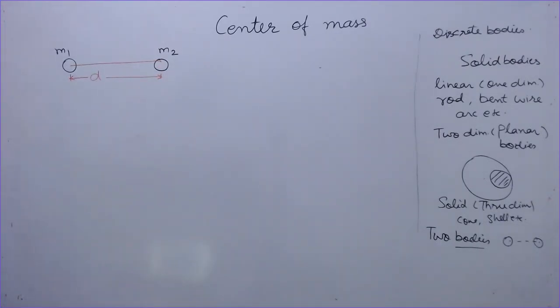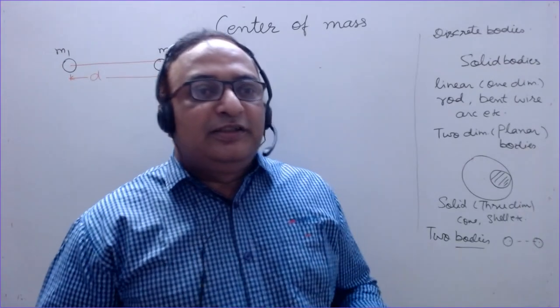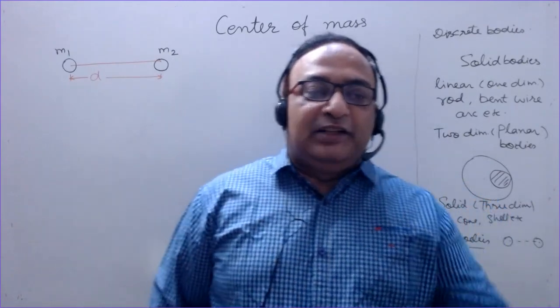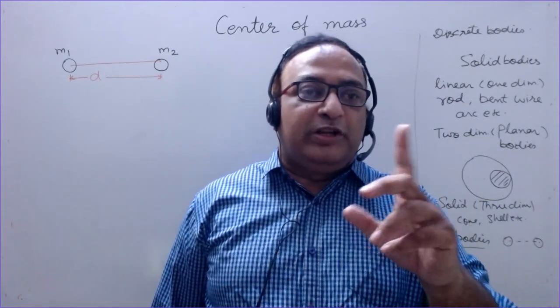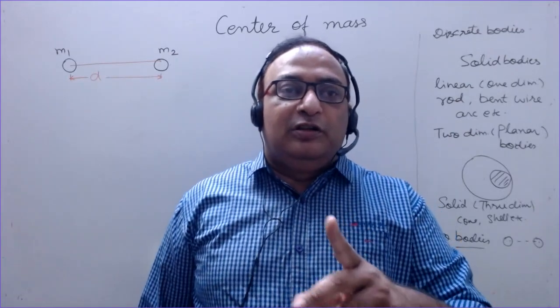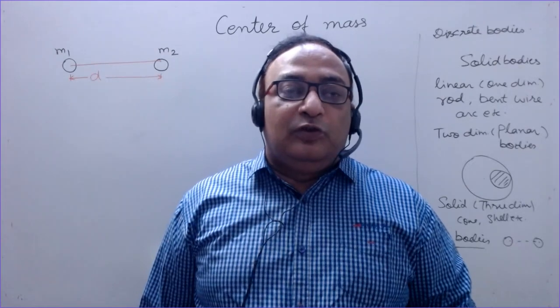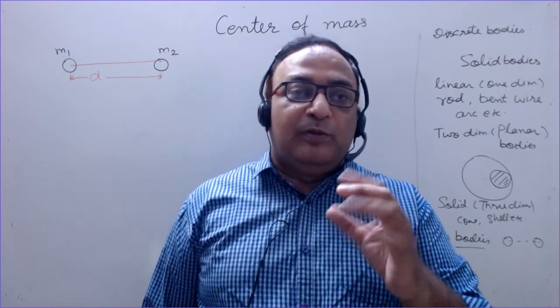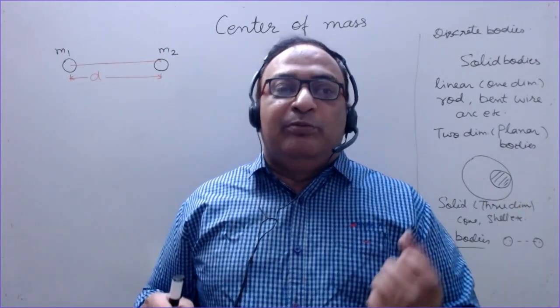Like you must have come across the problem of a binary star. Two stars which are at a certain distance from each other and having motion about a point, that point is called the center of mass. They are both rotating about that point as a system, just like a dumbbell.